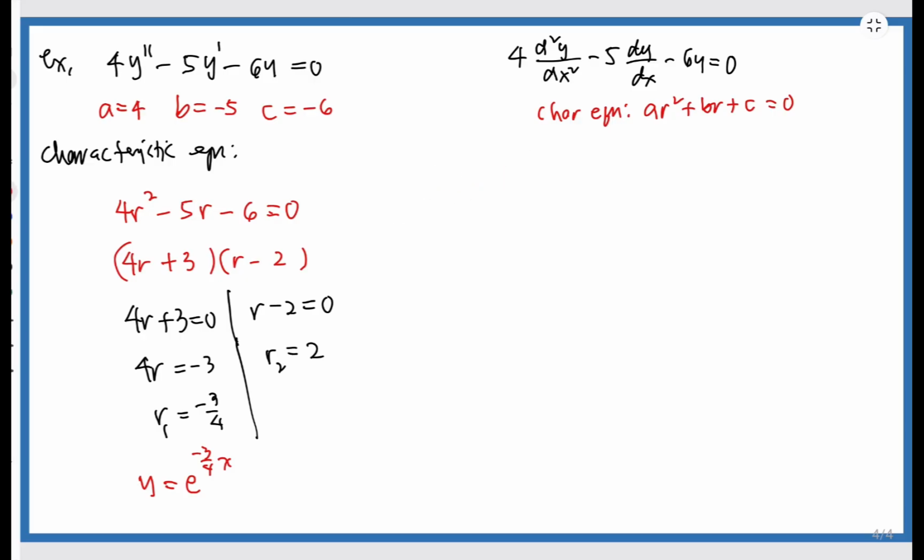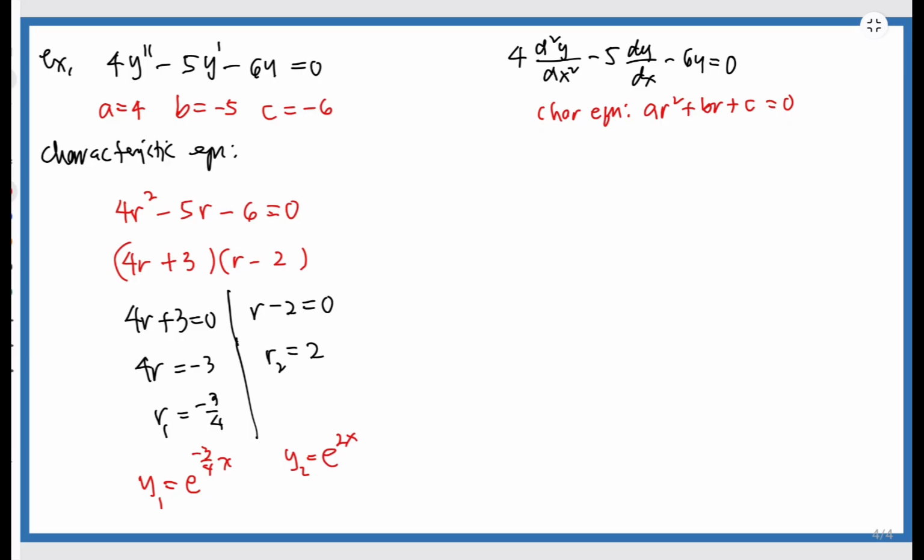This is solution 1. The other is y2 equals e to the r2 x. So r2 is 2, so e to the 2x.